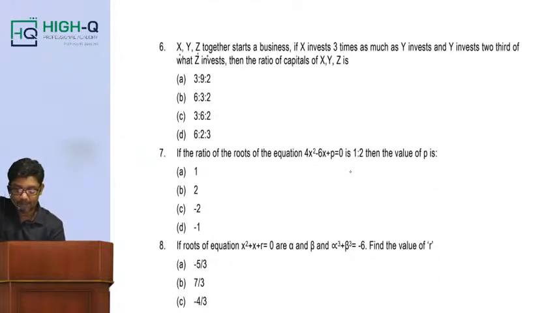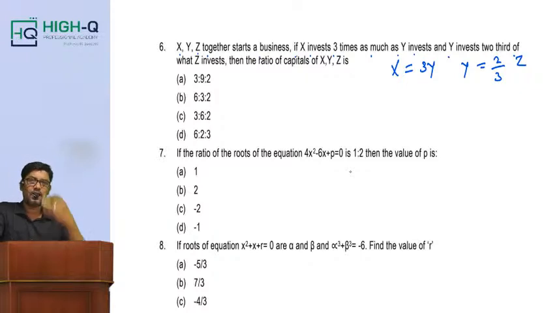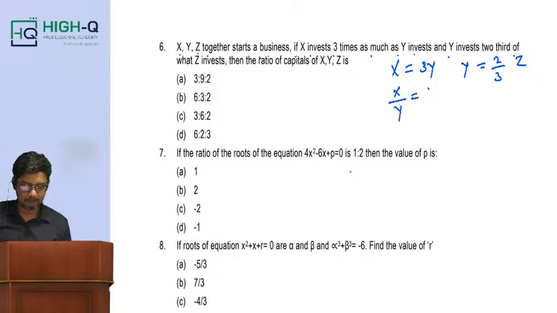X, Y, Z together start a business. X invests 3 times as much as Y invests, and Y invests 2/3 of what Z invests. There are various methods, let me follow one. Can I write it as X by Y is equal to 3/1, and Y by Z equal to 2/3?